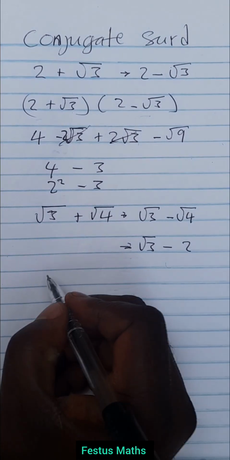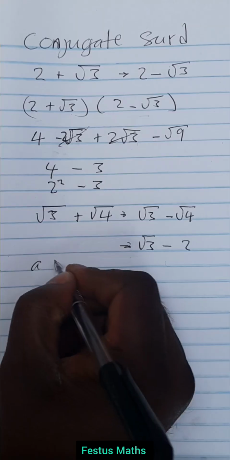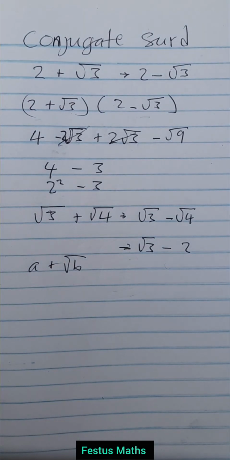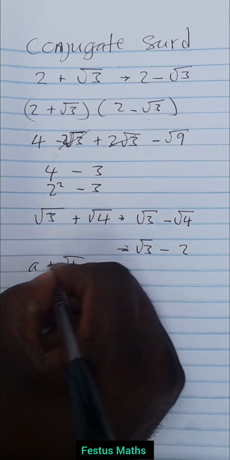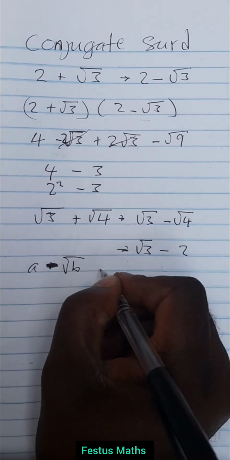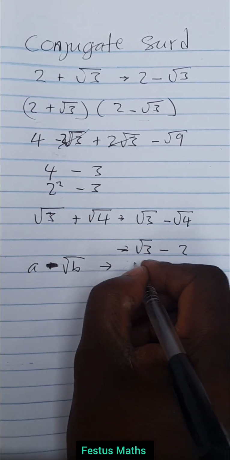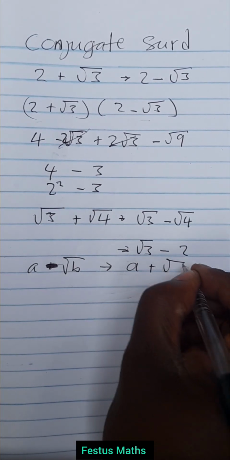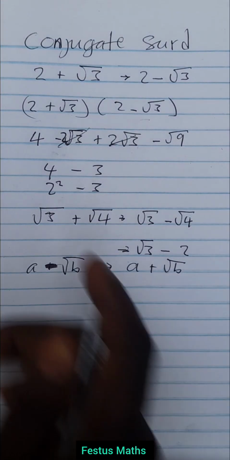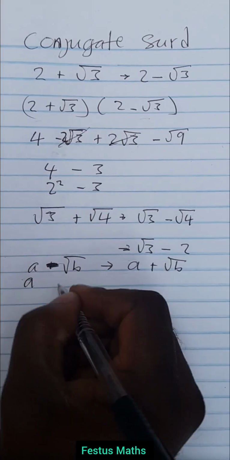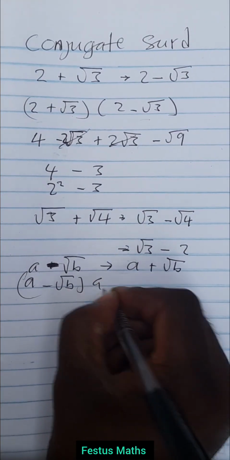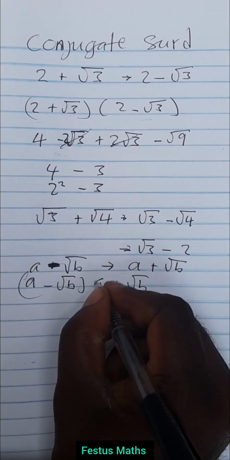In a case where we have A plus root B, or let me use minus, in the case where we have A minus root B, if we are to conjugate this surd, this will be written as A plus root B. Then if we are to find the product of the conjugate, this will become A minus root B multiplied by A plus root B.